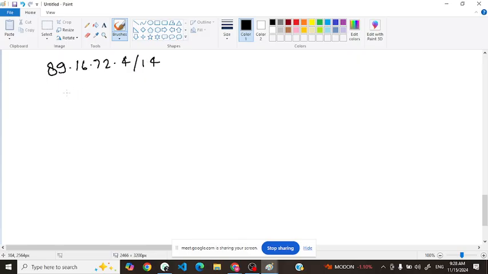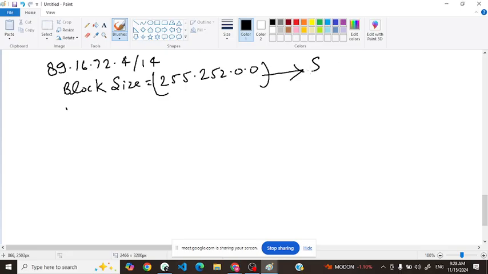What will be the block size? The subnet mask is 255.252.0.0, and the block size should be 4, right?